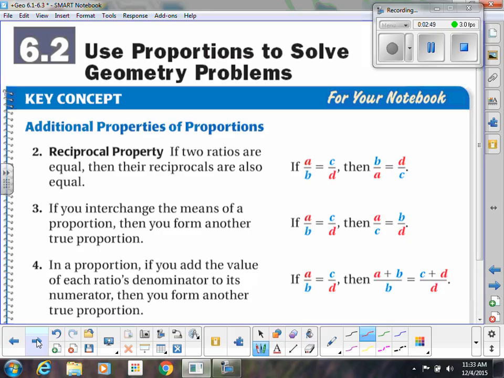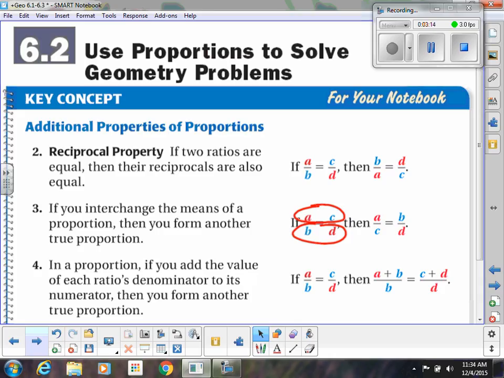So remember, the means are on this diagonal. Notice what they did is they switched them around. So basically, it doesn't matter if you go A over B equals C over D, or whether you go A over C equals B over D. You can either go vertically or horizontally. They mean the same thing.